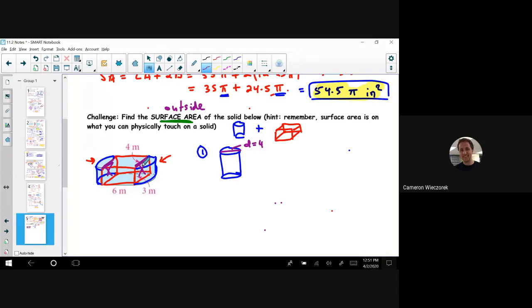And from top to bottom, connecting those two half circles together, that height in this case they're telling me is 3. So the lateral area of that cylinder is going to be the perimeter of the base times the height. So circumference would be pi times diameter, so 4 pi times the height is 3, so 12 pi.